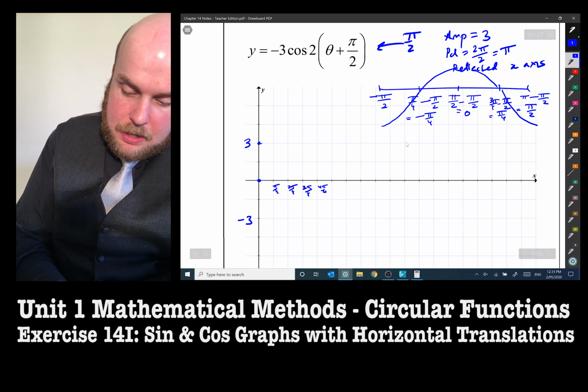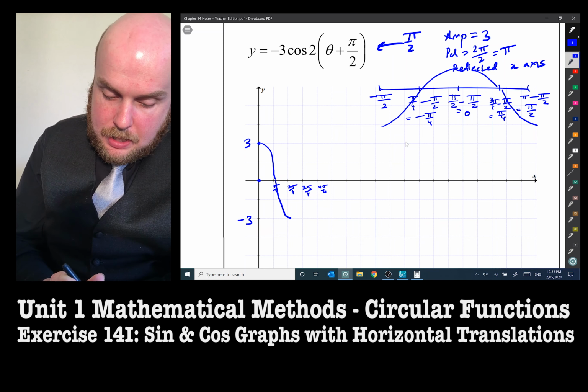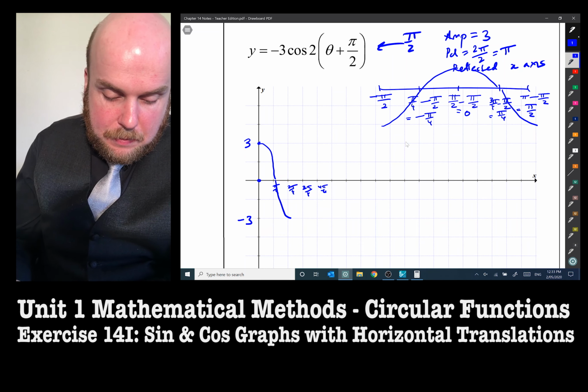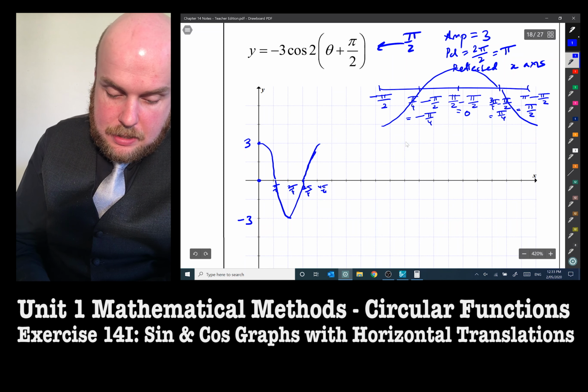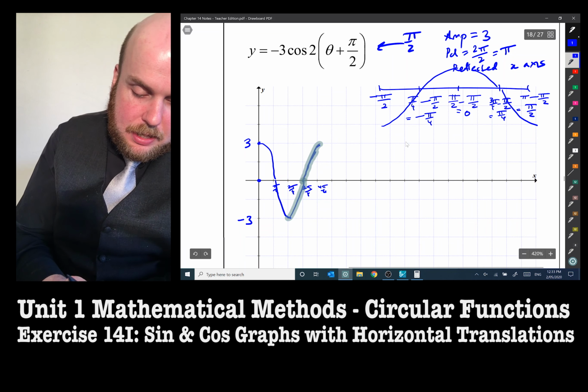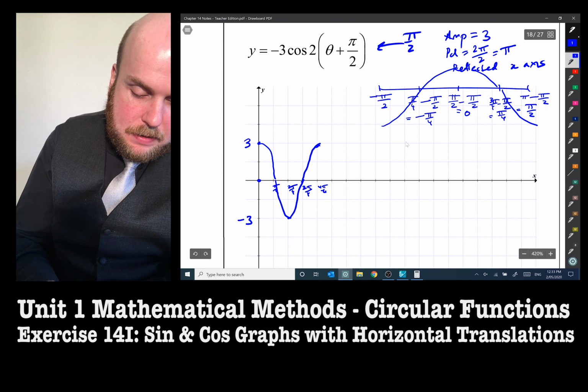So it's actually going to go down to here, and then here. So that's where we would be at the moment. And then the next one would actually be up here, and should be up here. I think if we have done everything correctly, we should have a very lovely one complete cycle.